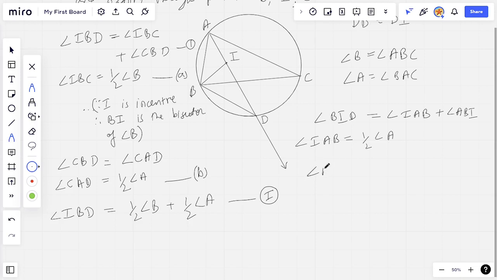Further, angle ABI is equal to half angle B. Same reason, I is the incenter and BI is the bisector of angle B. So this equation over here, equation 2, using C and D, becomes angle BID is equal to half angle A plus half angle B. Let this be called equation number 2.